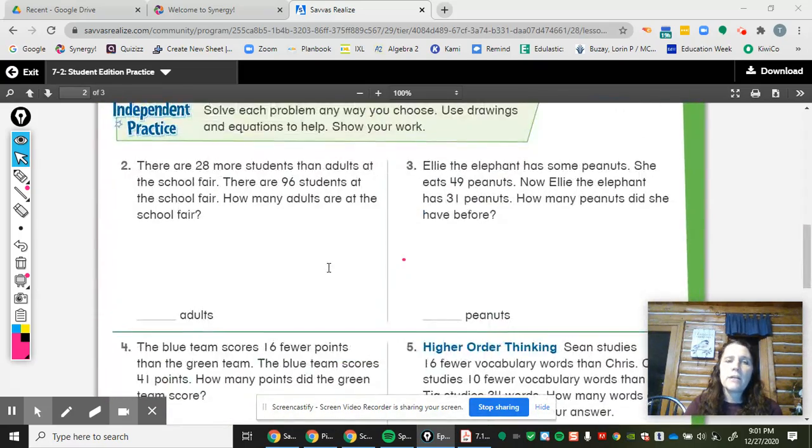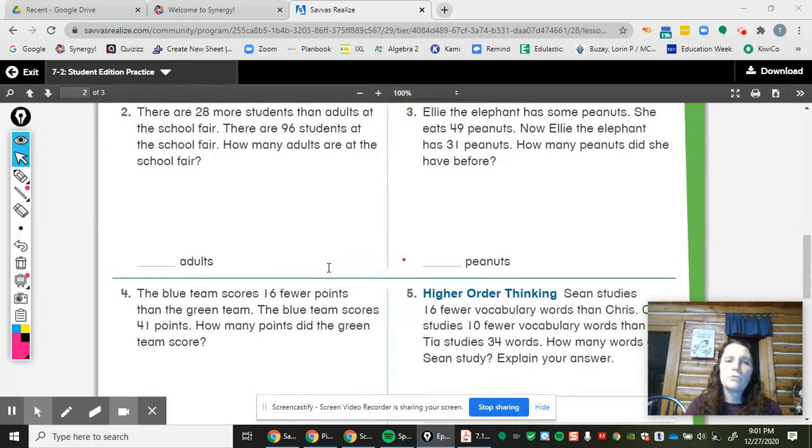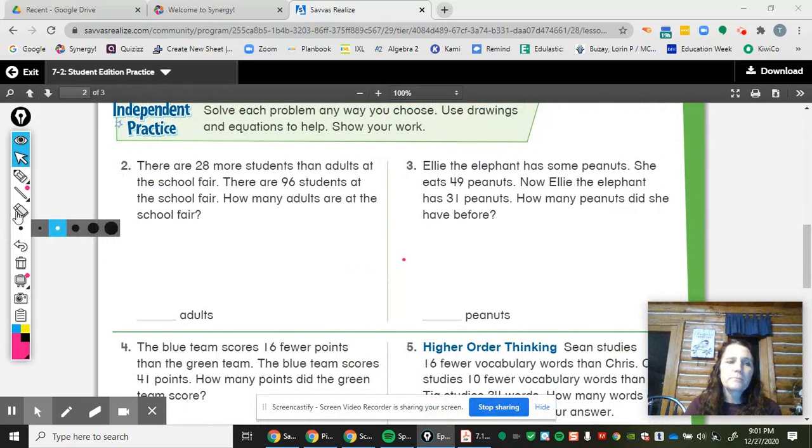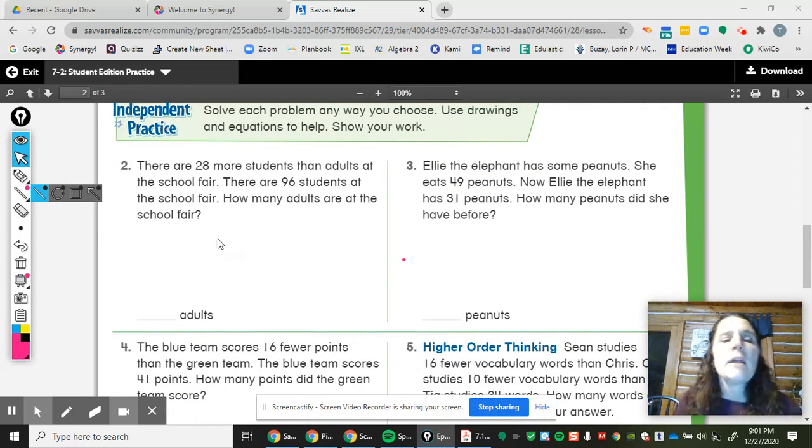Okay, so let's look at number 2, and we'll do one more together. It says, there are 28 more students than adults at the school fair. There are 96 students at the school fair. How many adults are at the school fair? Okay, so what is it asking us? How many adults are at the school fair?